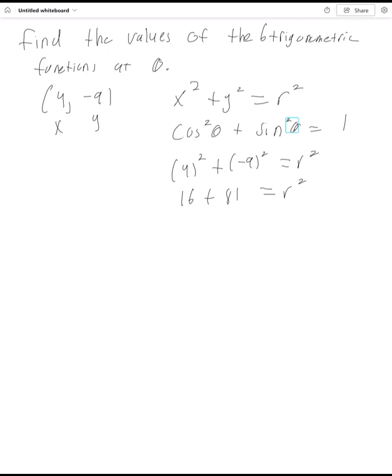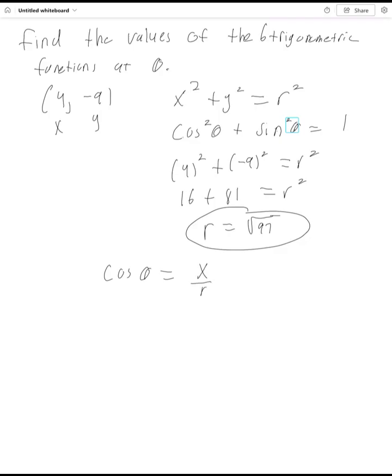So we evaluate 16 plus 81 equals r squared. Recall that anytime we take a square root, we get a positive or a negative. But since we're talking about radius, which is a distance, it has to be positive. 16 plus 81 is 97, so r equals the square root of 97.